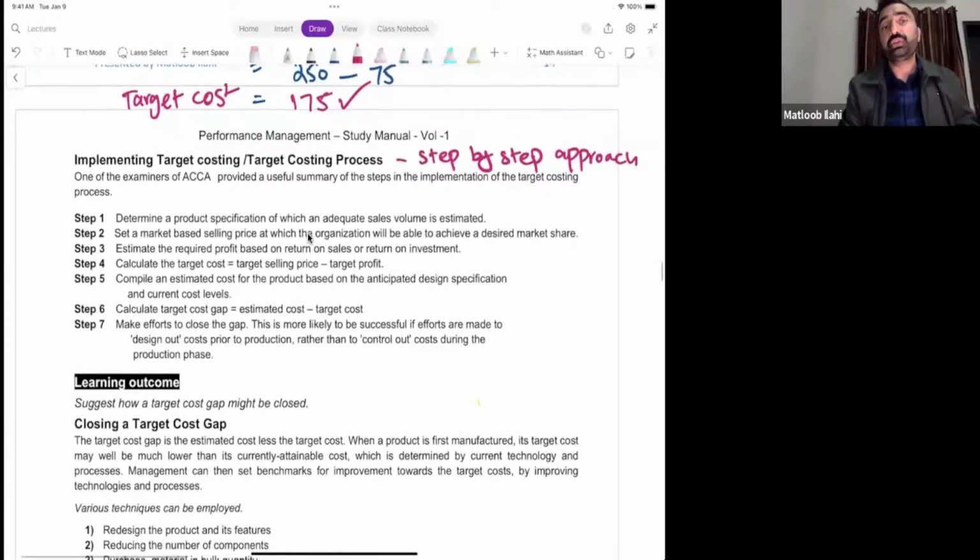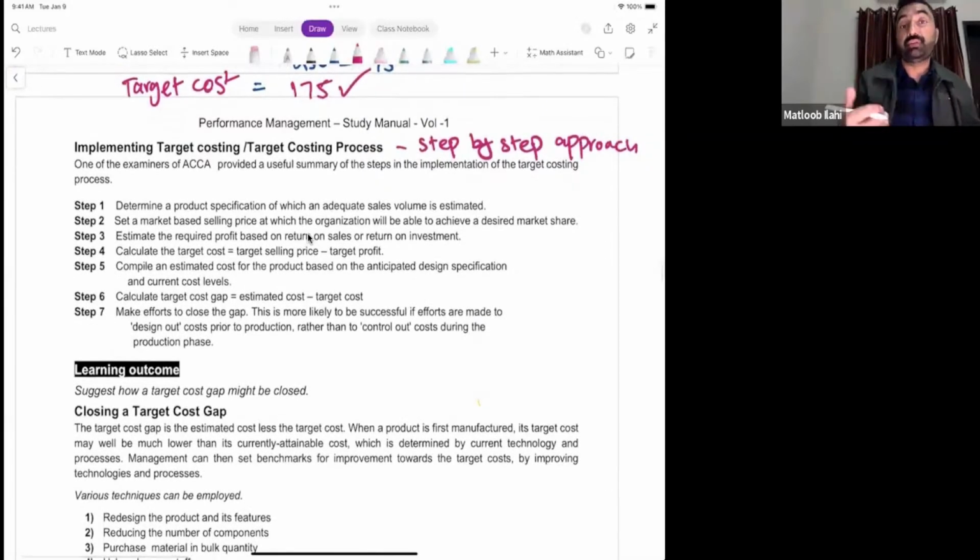So step number one, you need to first of all establish the product specification, of which an adequate sale volume is estimated.